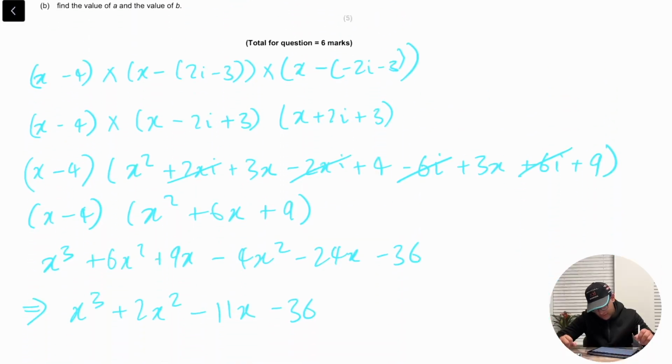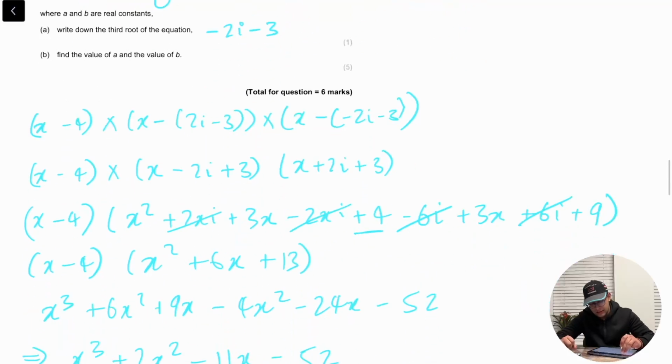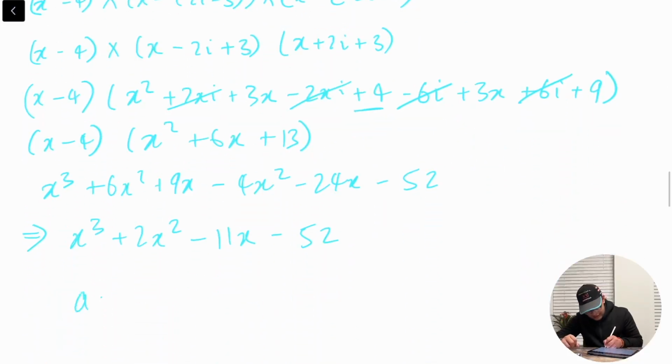Interesting, have I gone wrong somewhere? Oh, of course, plus 4, so it's actually plus 13. Right, this is minus 52. Cool. So a in this case equals 2 and b is minus 11.